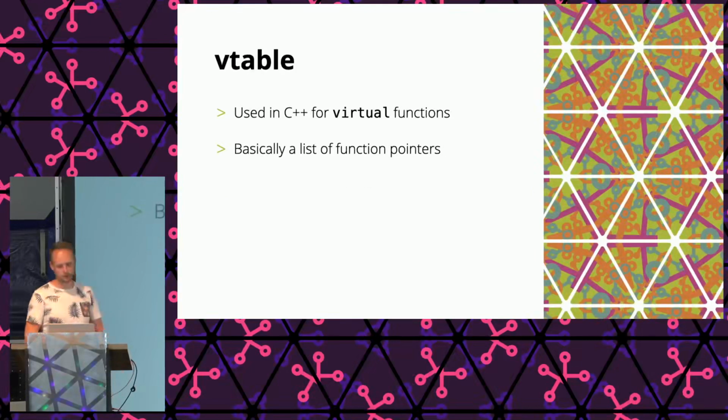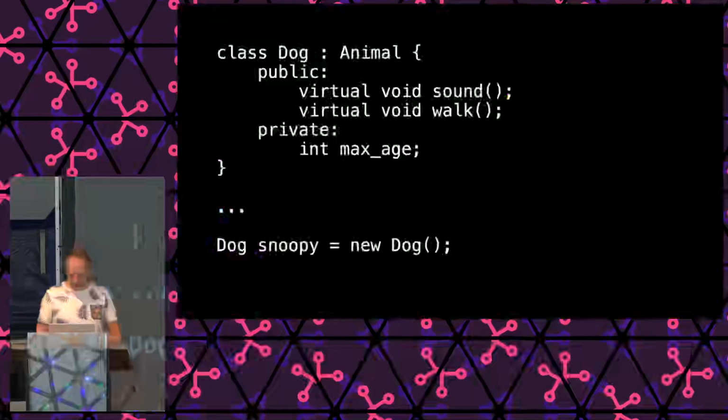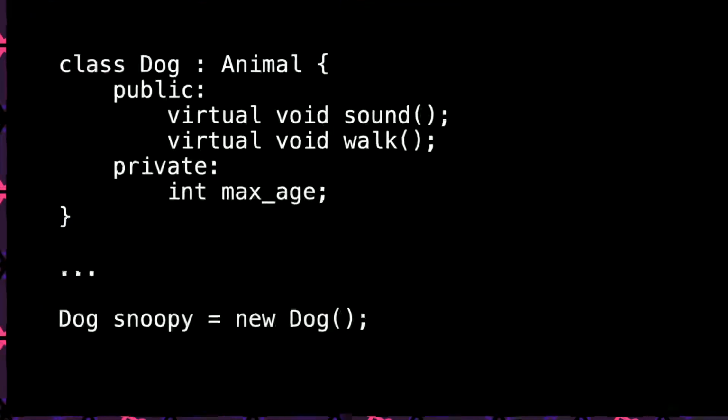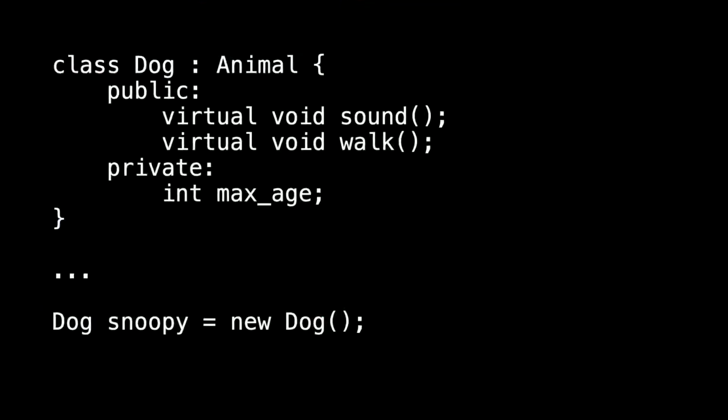It's used in C++ for virtual functions. And basically, a vtable is a list of function pointers. And every object in memory in C++ starts with a pointer to a vtable. Let me quickly demonstrate this for you. So suppose you have a class dog in C++, and you instantiate an object of it.